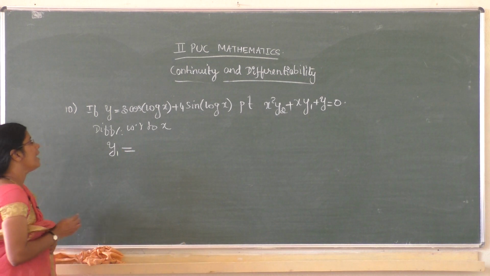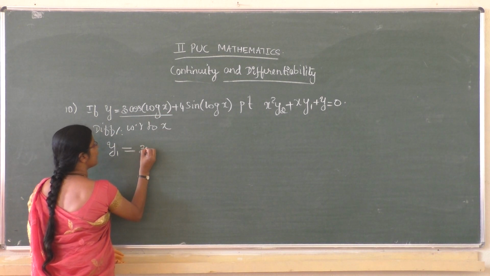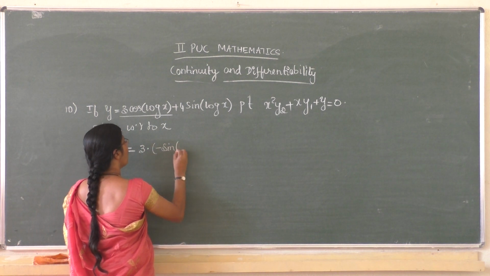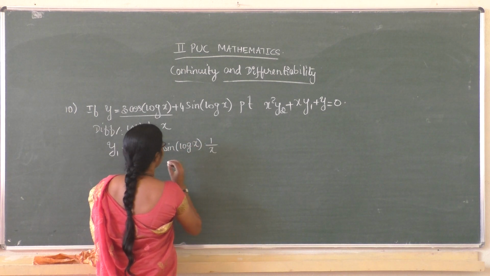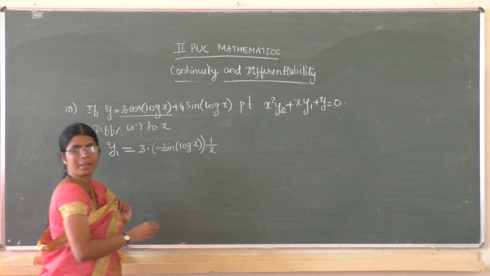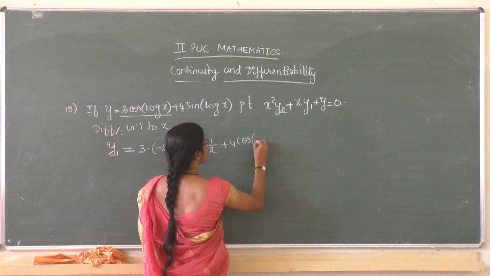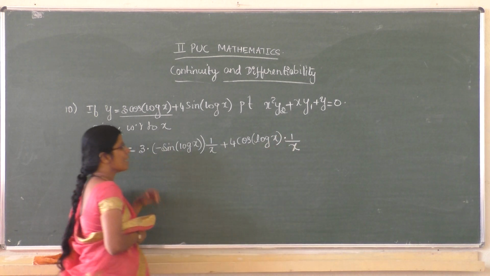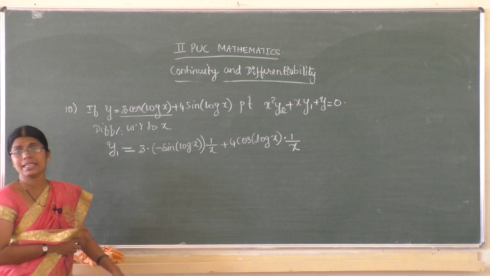So y1 is equal to the derivative of 3 cos log x, 3 constant, keep as it is, cos log x, that is minus sin log x into 1 by x, because the derivative of log x is 1 by x, plus 4 into the derivative of sin log x, which is cos log x into the derivative of log x, 1 by x. So in both terms we have 1 by x, that means x is in the denominator.